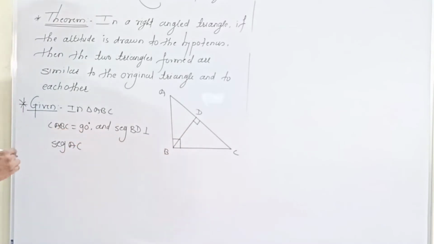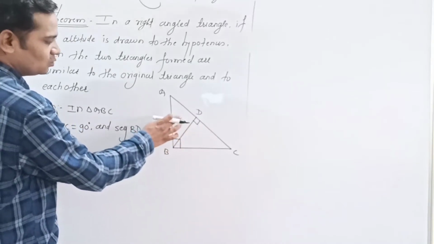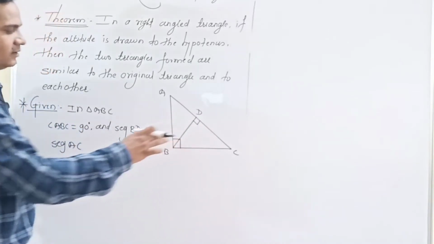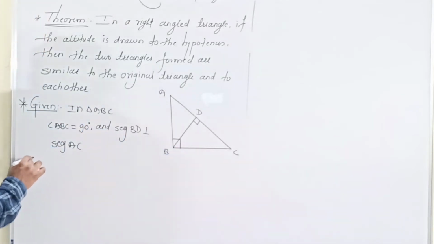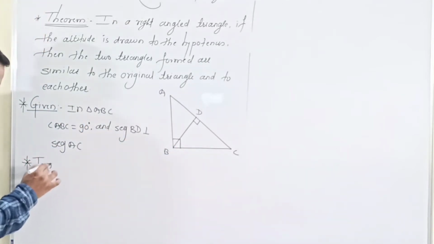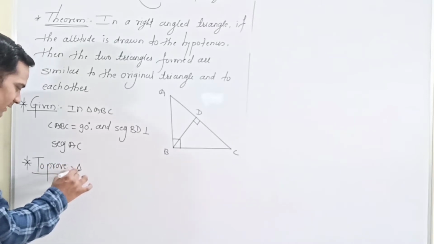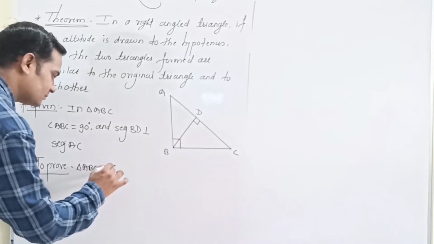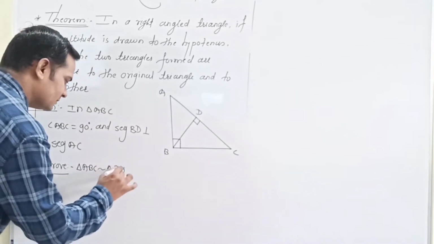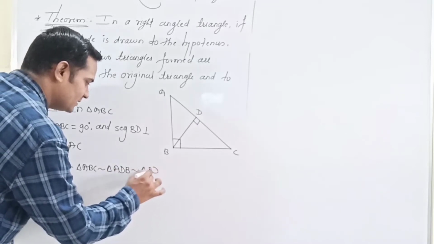So what we have to prove here: if such a type of altitude is there, then these two triangles are similar to the original triangle. That means to prove here, we have to prove that triangle ABC is similar to triangle ADB is similar to triangle BDC.